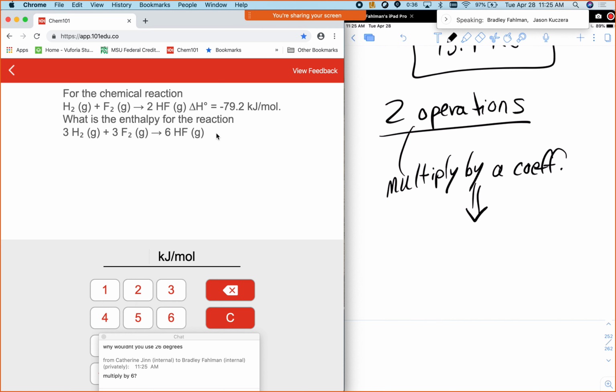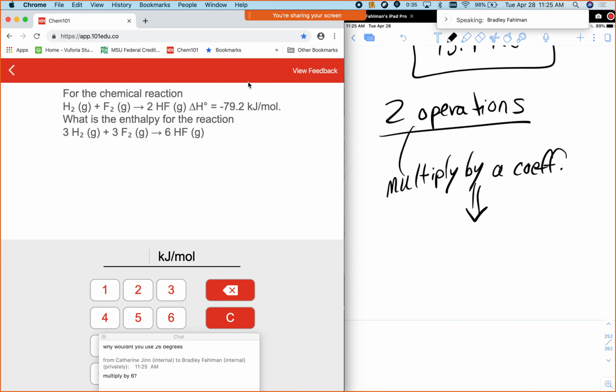What are we trying to find? Yeah, so you're trying to find the enthalpy for this one. You're going to multiply by something. It's actually just multiplying by 3, right? So this one is 3 times what this one is, and so you just multiply this value by 3.